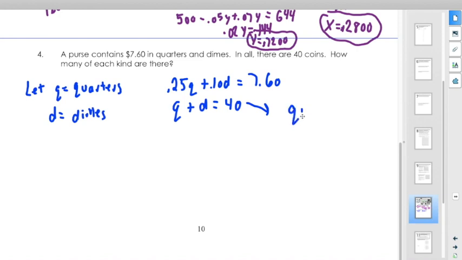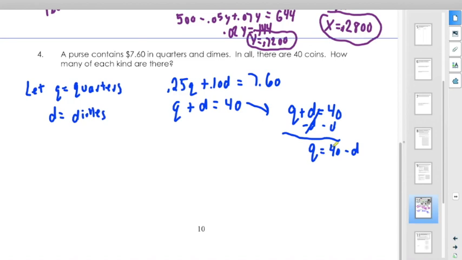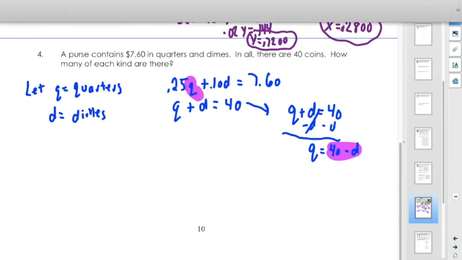So if I did Q plus D equals 40, let's subtract D from both sides. So Q equals 40 minus D. Okay? Let's see what we got. So I know Q is 40 minus D. Now let's substitute this in for Q, and then let's solve.